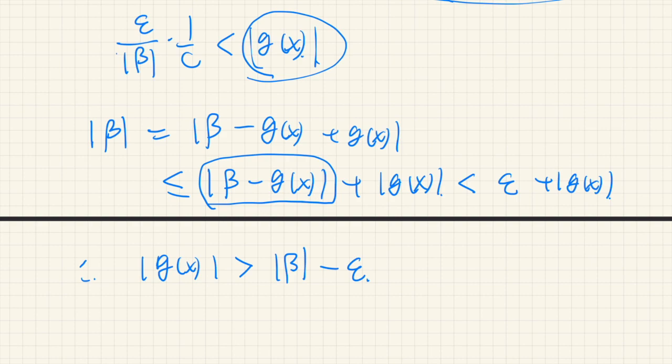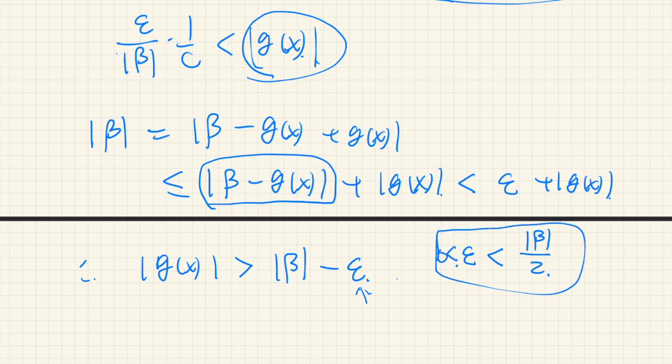Now remember that this epsilon is supposed to be a very small positive number. It's okay to assume that epsilon is so small that it is less than, let's say, half of the absolute value of beta.